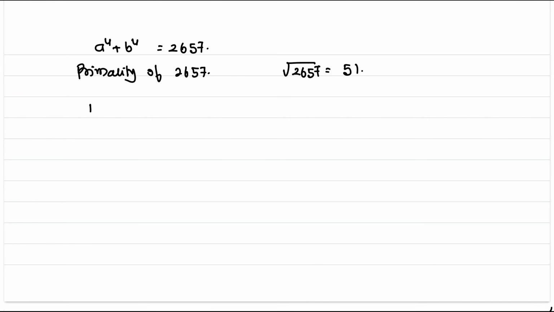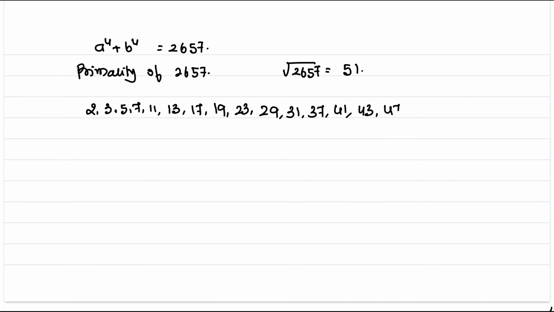What are the primes below 51? 2, 3, 5, 7, 11, 13, 17, 19, 23, 29, 31, 37, 41, 43, 47.